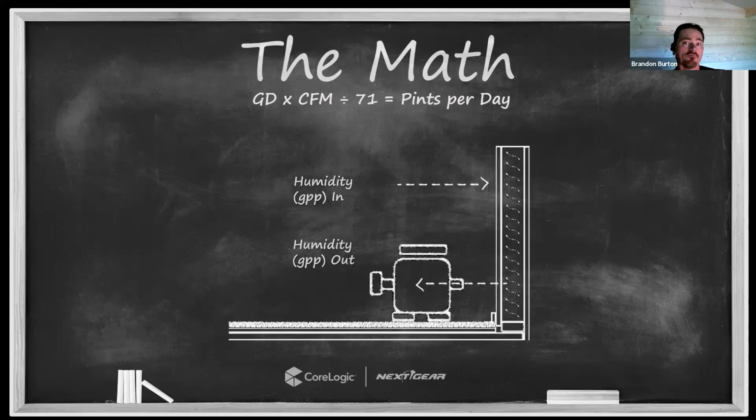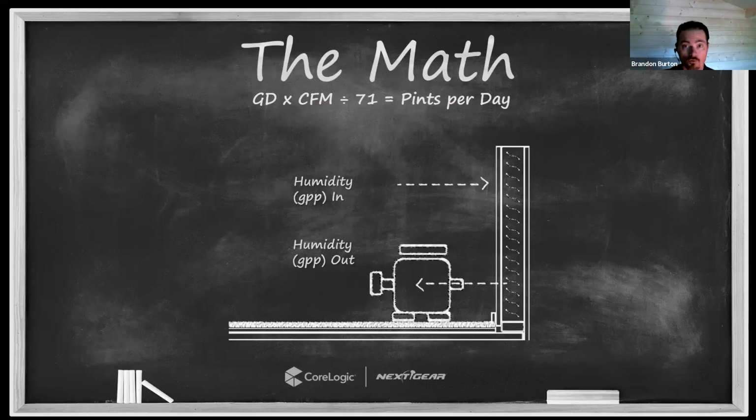How many grains do I have? Let's say it's 70. Then I would monitor the air being ejected by my dry force because it's pulling air up from underneath the hardwood floor. And let's say we have 90. If the room is at 70 and the air coming out of my dry force is 90, then what's happening on the way through? That air is picking up 20 grains of water per pound.